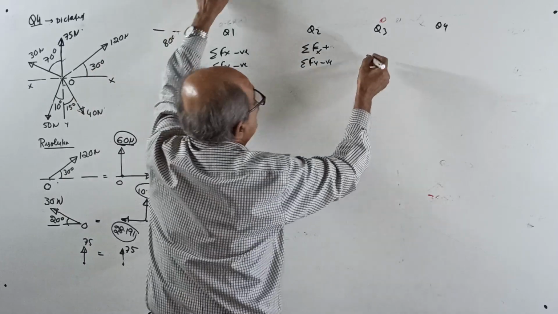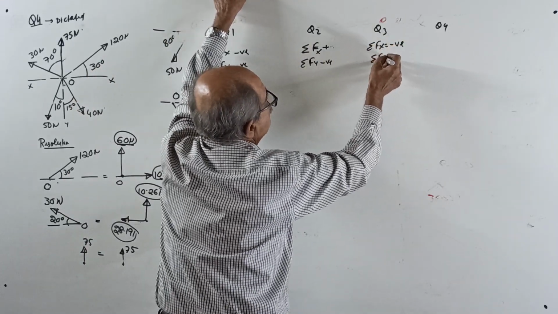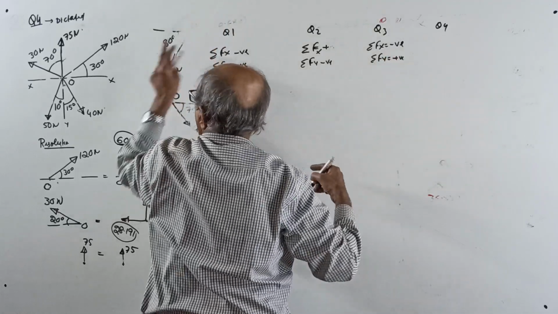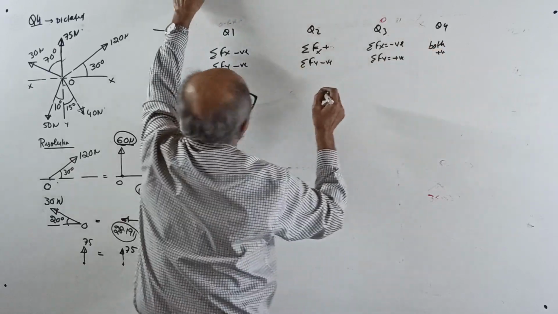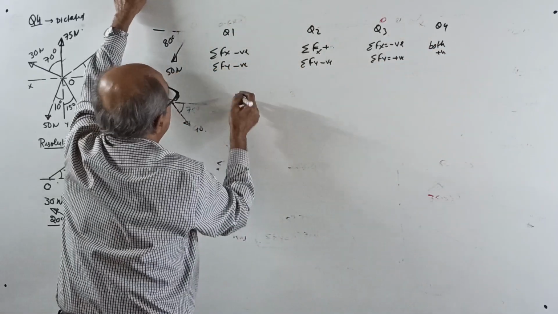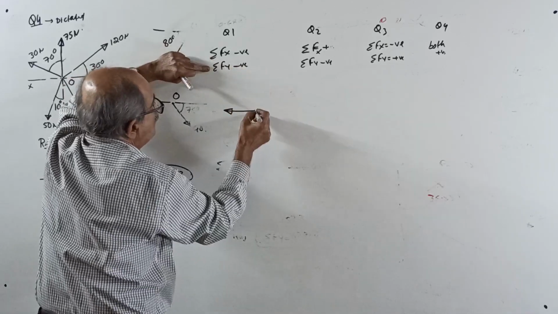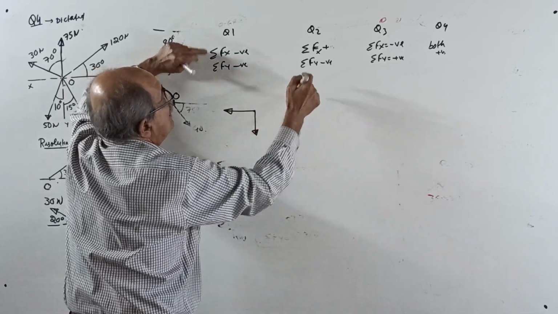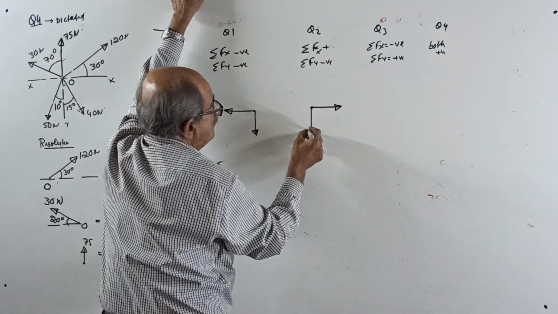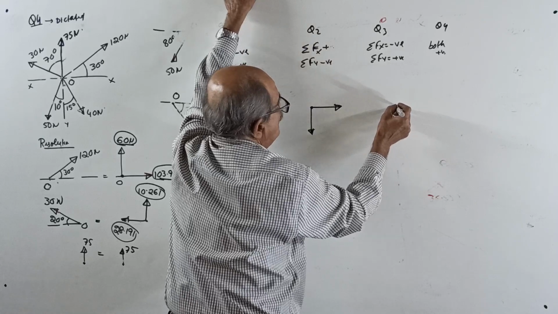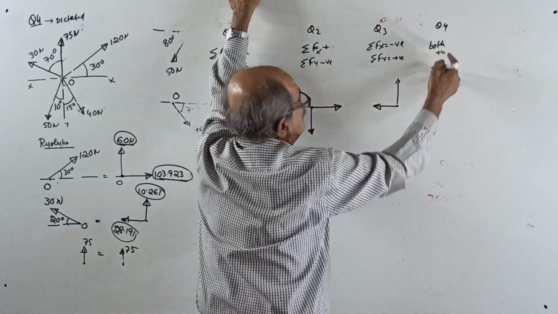In the previous question today, sigma Fx came negative and sigma Fy came positive. And in the last homework question, both we got positive. That means here Fx is negative, left side, Fy negative, down. Here Fx positive, right side, Fy negative, down. Here Fx negative, left side, Fy positive, upwards. Both positive.